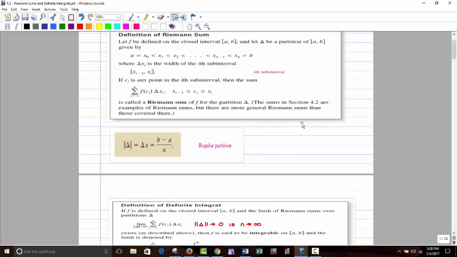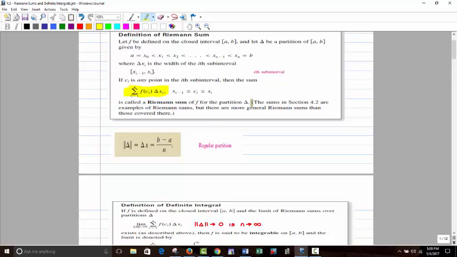Now, this formula right here is essentially finding the area, because the delta x part is the width of each rectangle, and f of c sub i, with c sub i being any point in the subinterval, would be your y value, which is the height of your rectangle.